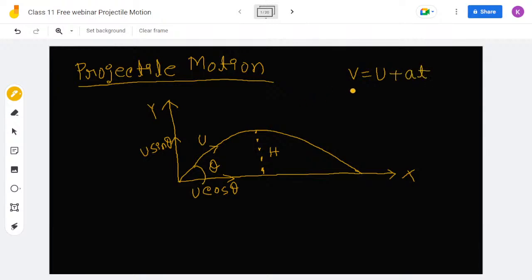This is one equation of motion. Then we know s equal to ut plus half at square. This is another. And the last one is v square equal to u square plus 2as. This is another equation of motion.